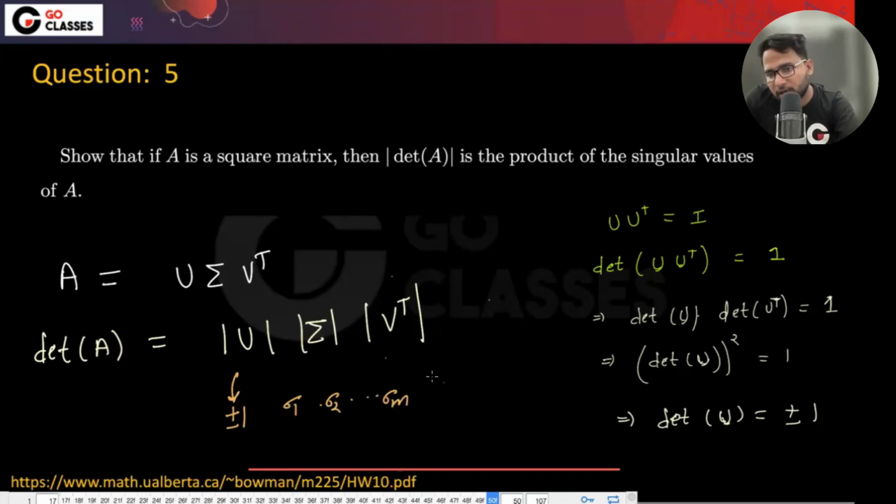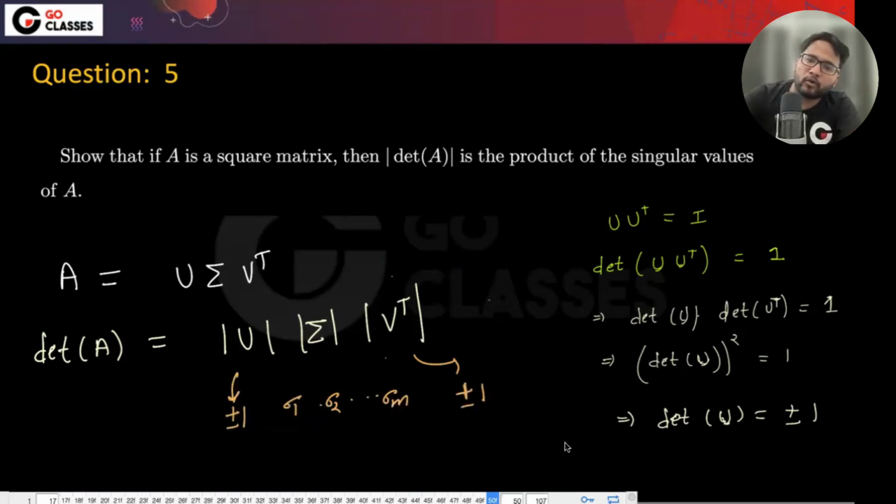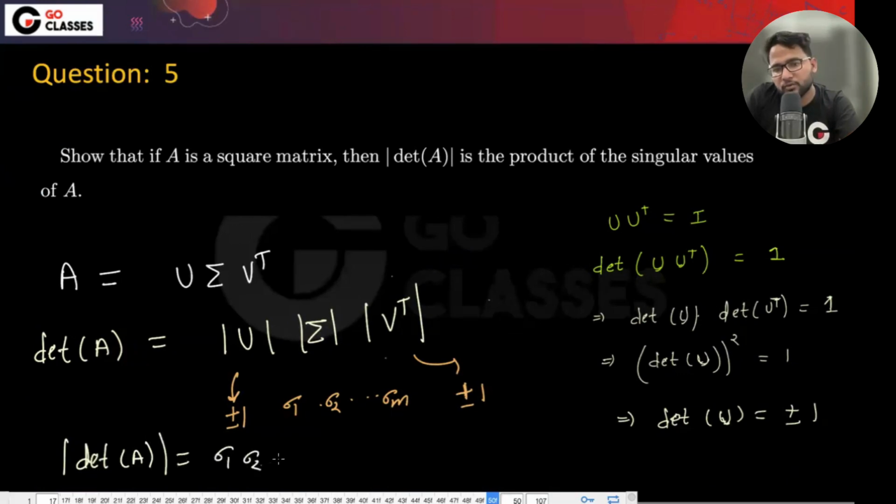This is again +1 or -1. So ultimately, it is just +1 or -1 times the product of singular values. But if you take modulus of determinant of A, then this is just the product of sigma 1, sigma 2 till sigma n, because plus minus 1 will be just +1 here. Okay.